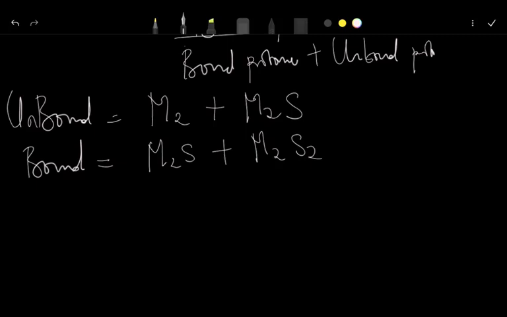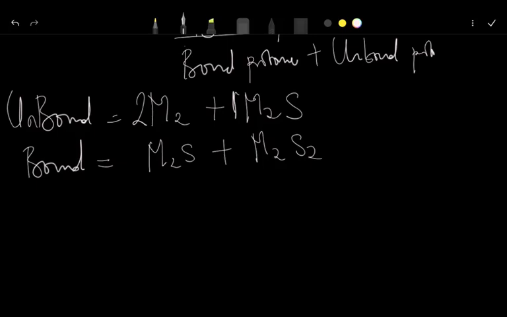Now the idea is this. There are certain numbers you will put by the side of this unbound and bound. Now this one is unbound, right? Since it's unbound, it means that it has two free active sites inside, so I will put 2 here. This one has just one free active site, so I will put 1 here.